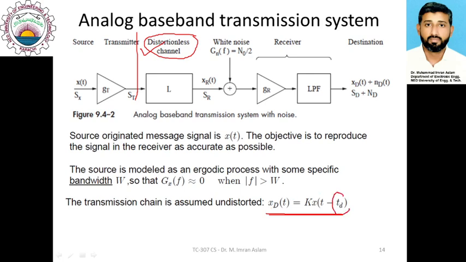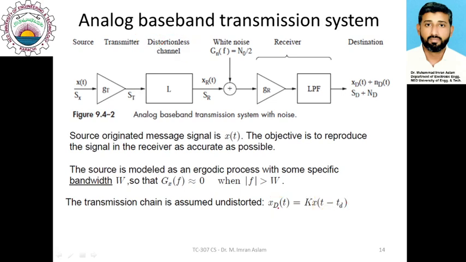So the delay is represented as Td, and also there is some attenuation in the signal which is represented by k. So multiplying the transmitted signal xt by a constant number k and causing some delay does not represent any type of distortion.